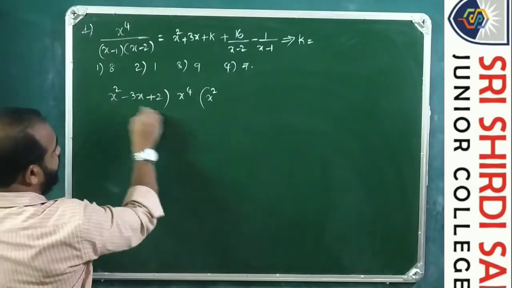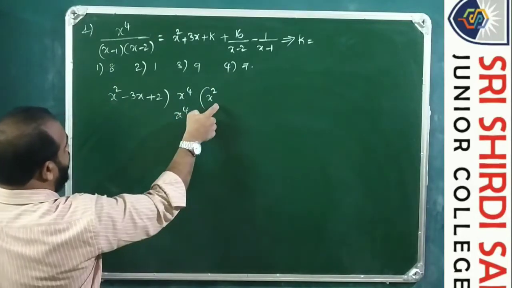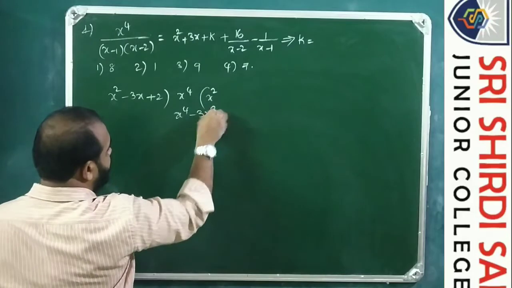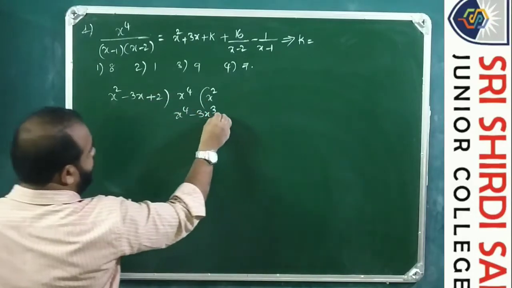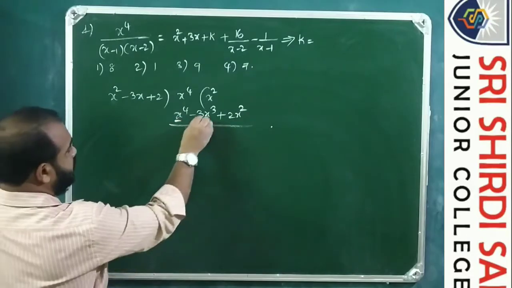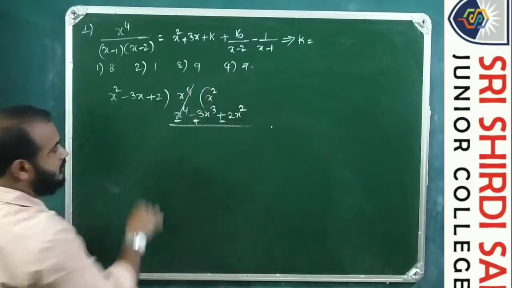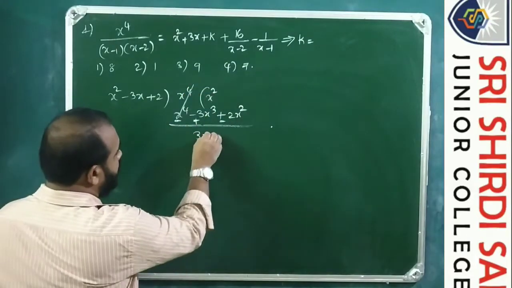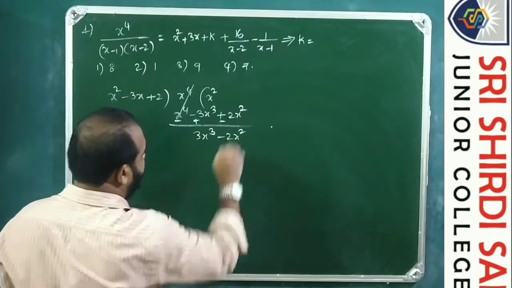So x square into x square, x power 4 minus 3x cube plus 2x square, subtraction: 3x cube minus 2x square.